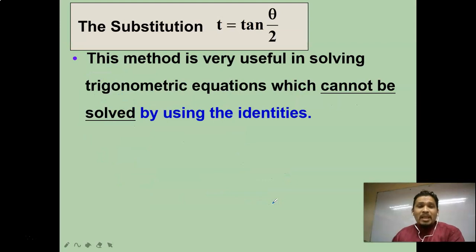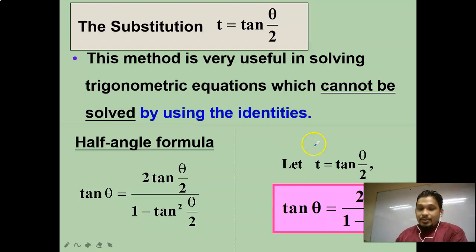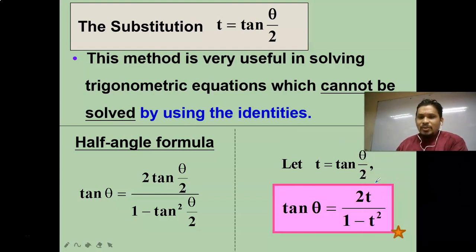Next, the substitution of t equal to tangent theta over 2 is useful for solving trigonometric equations which cannot be solved by using the identities. Half angle formula. I'm not going to explain this because it's all in your lecture notes.